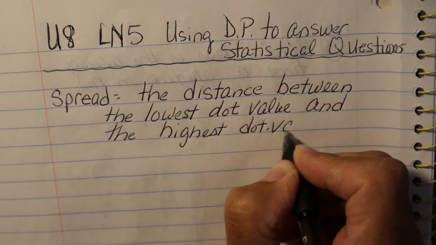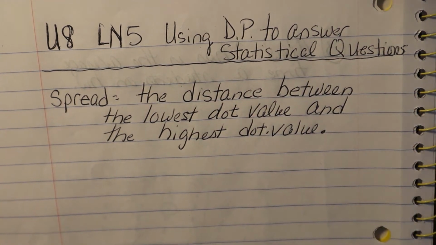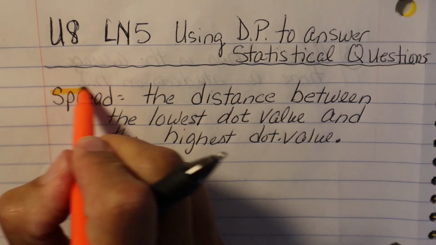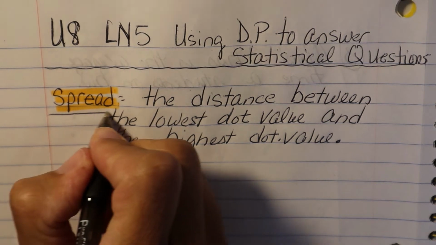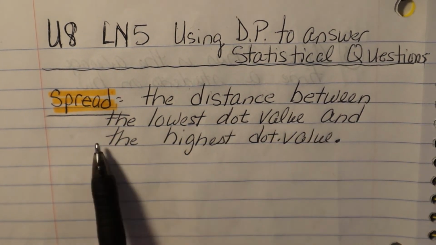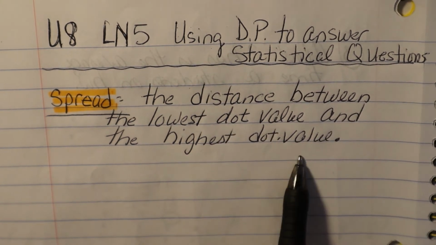You're going to put a period. This will make sense once we get a little bit further into today's lesson, but it's very important that you define the word spread and you understand by the end of the lesson what that means. So again, the distance between the lowest dot value on a dot plot and the highest dot value.